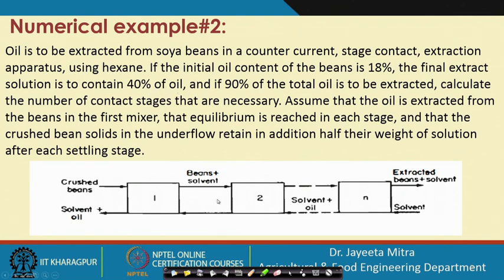So, the extract that we are getting at the end, that is the solvent plus oil, should contain 40% of oil, and 90% of the total oil is to be extracted. That means the bean has some amount of oil, that is 18%, and of that 90% oil should be extracted. Calculate the number of contact stages that are necessary to separate this 90% of the initial sample.